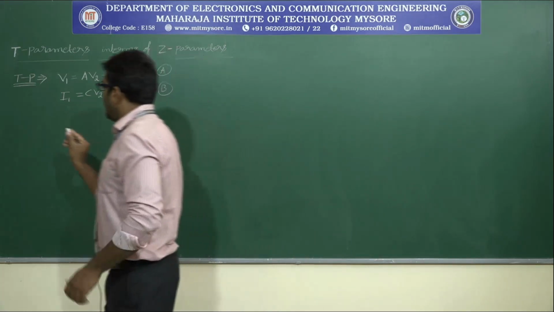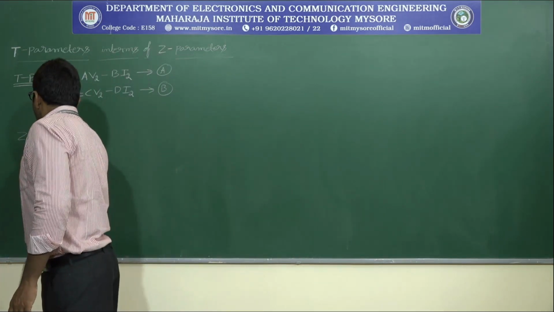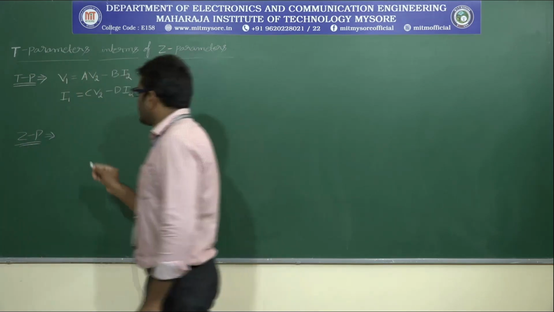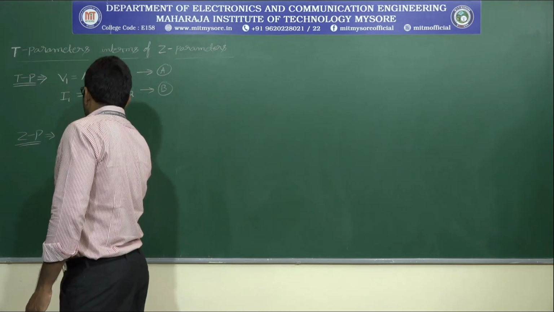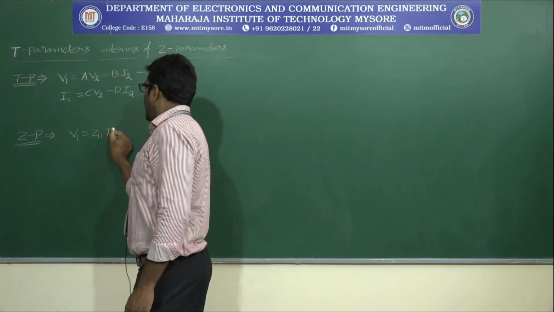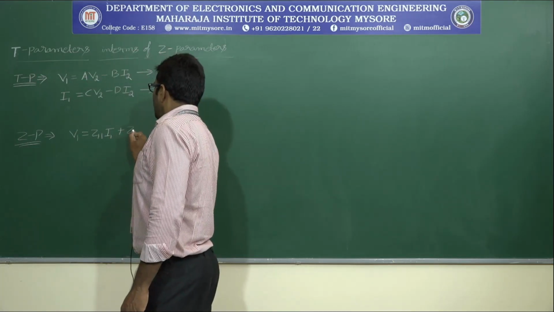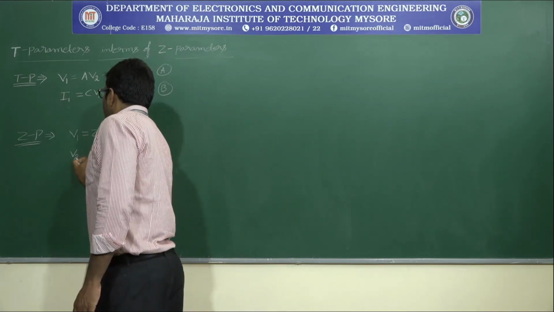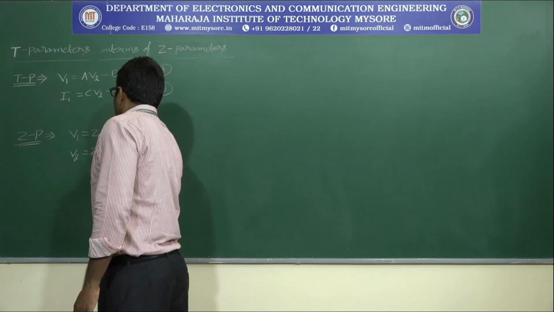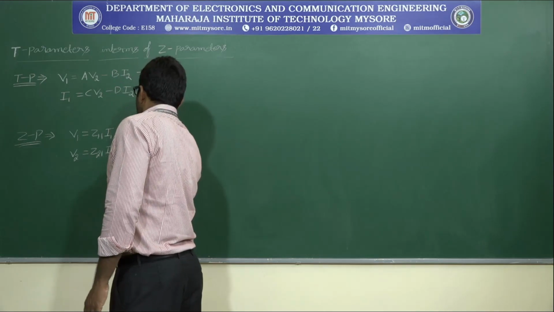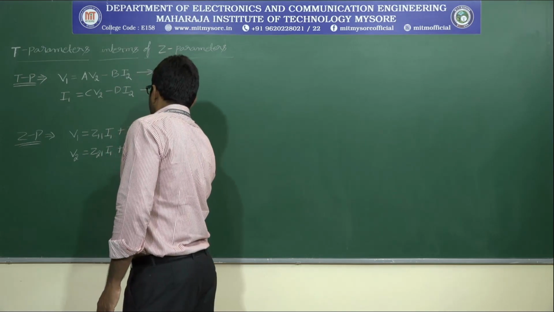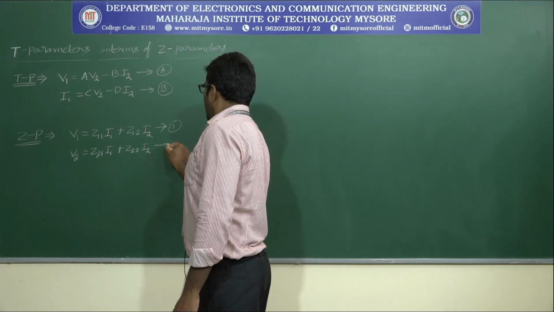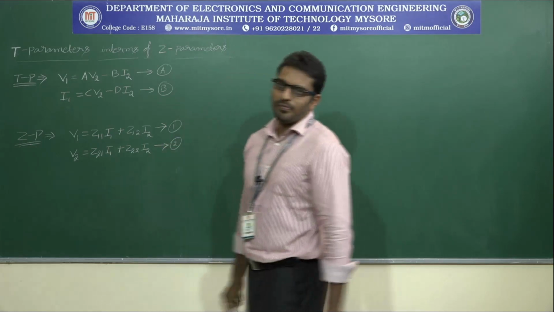Now let me write the Z parameters equations. V1 is equal to Z11 I1 plus Z12 I2. The second equation, V2 is equal to Z21 I1 plus Z22 I2, and call them equation 1 and equation 2.